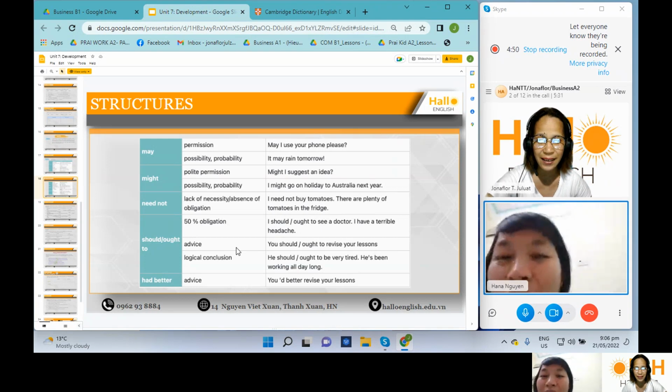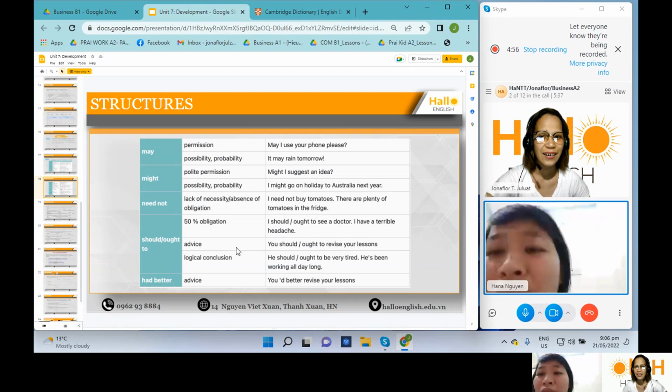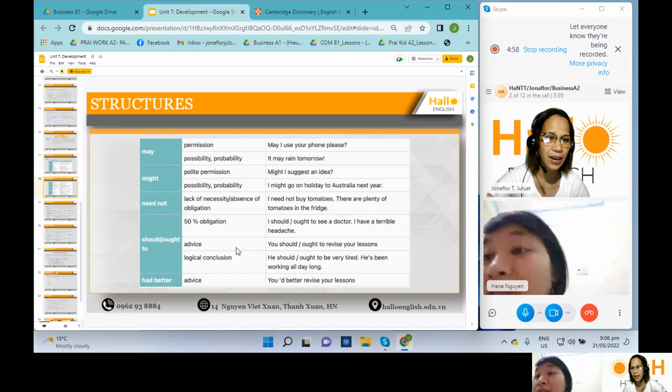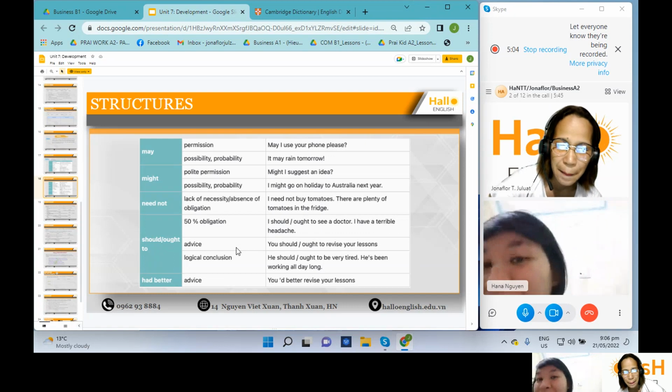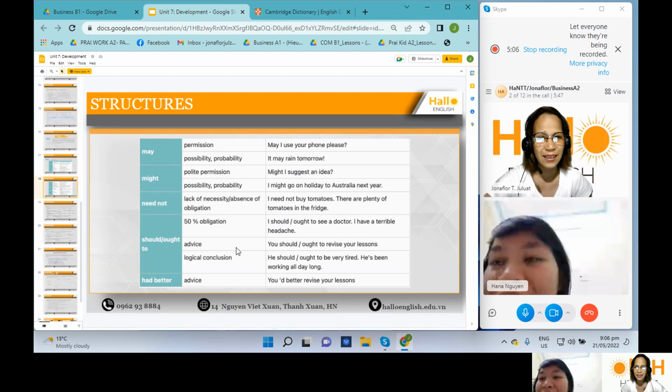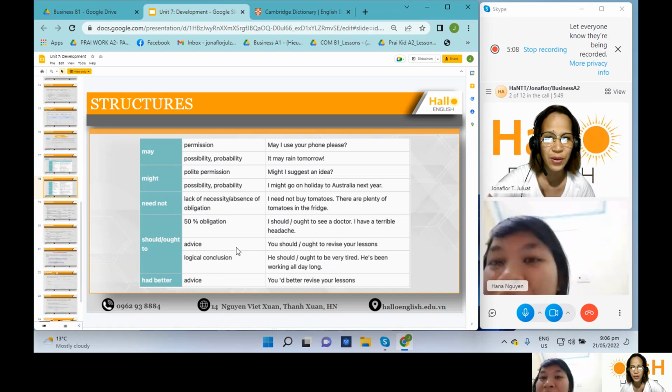Can you hear me? It may rain today or tomorrow. Yes, it may rain tomorrow. So that is possible. Possibility, right? That it may rain tomorrow.